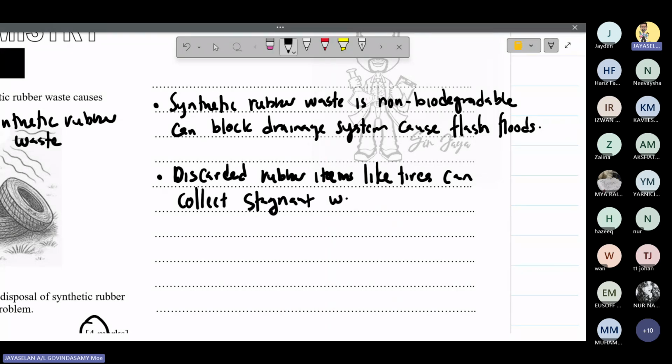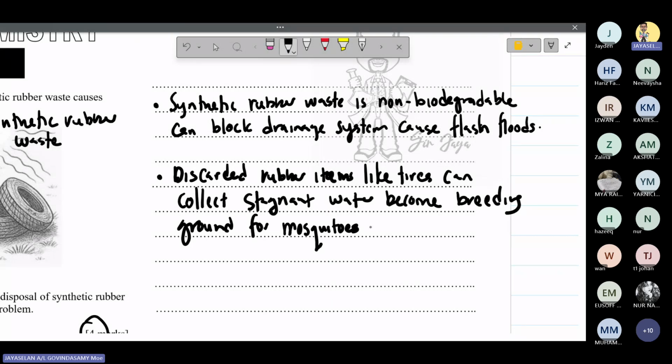So stagnant water. And this water become what? Become breeding ground. Ini pun ada dalam buku. Breeding ground for what? For mosquitoes. Okay, for mosquitoes. And this can cause what?